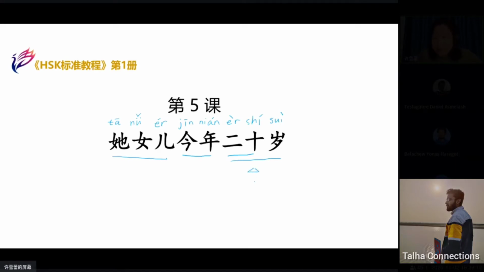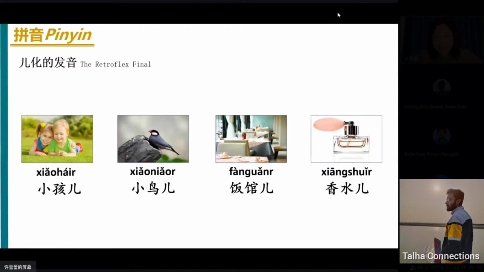Now we're going to learn how to talk about one's age. Now I'll read the title one more time. 他女儿今年20岁。再读一遍, one more time. 他女儿今年20岁。But before we learn dialogues, we're going to learn a little bit about Pinyin.